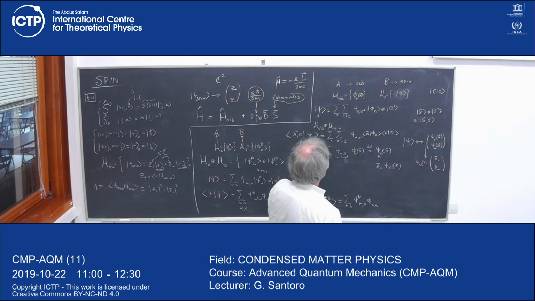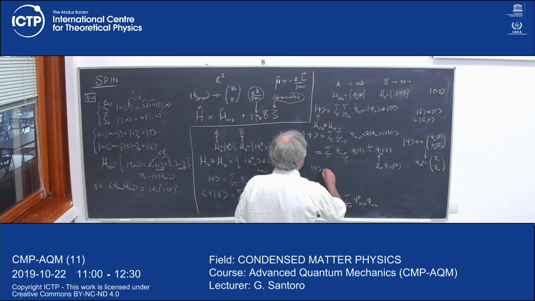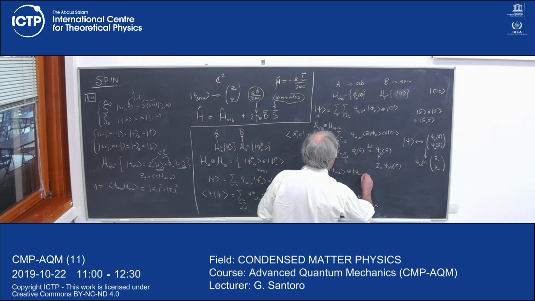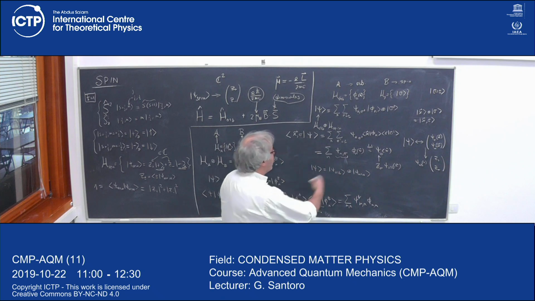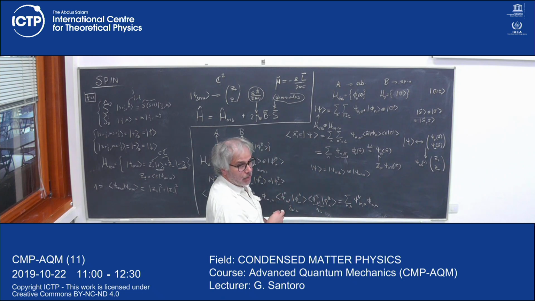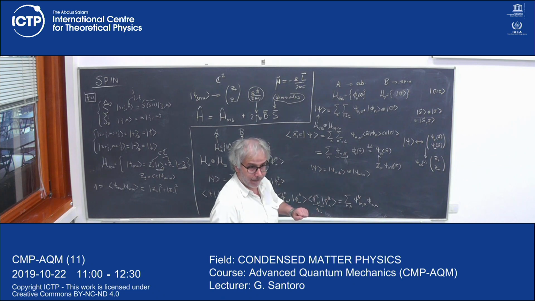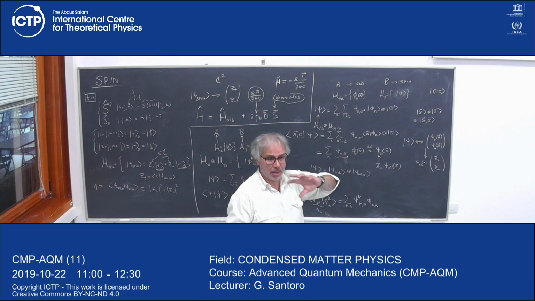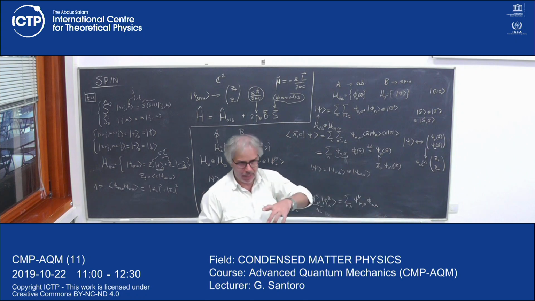So in some sense, when there is factorization, I would write that psi is equal to psi orbital times psi spin. But in general, the combined Hilbert space tensor product allows for states which are not factorized in this form, pretty much as the two-dimensional Hilbert space is not made only of functions that are x times y.